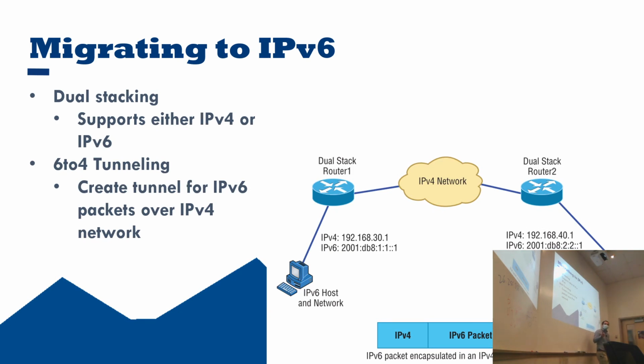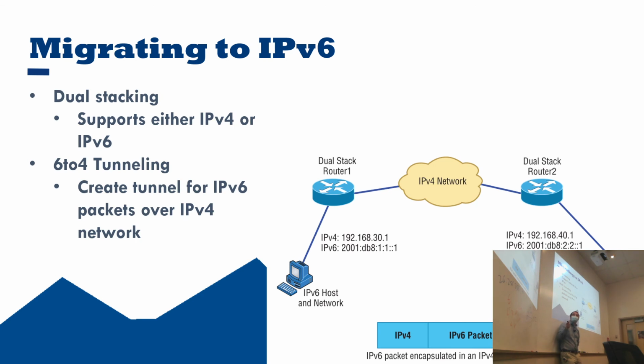So dual stacking is going to allow us to basically support on one router either IPv6 or IPv4 transmission. And then 6-to-4 tunneling is basically going to create a tunnel that's going to go across an IPv4 connection. And it's basically just going to have the IPv6 addresses inside of them. It's basically what it looks like. You got your host network, you got your router, supports dual stack.